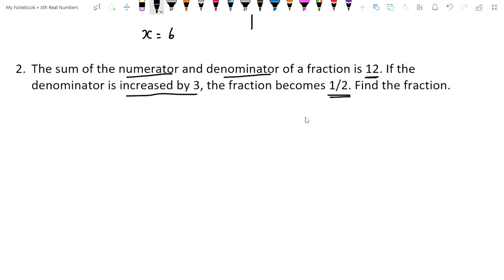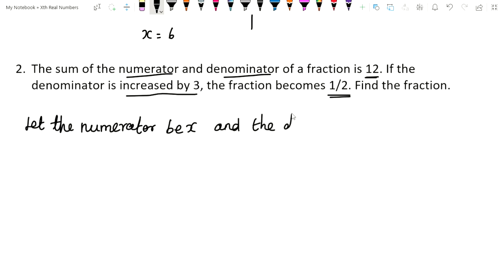Let us consider, let the numerator be x and the denominator be y. Okay.